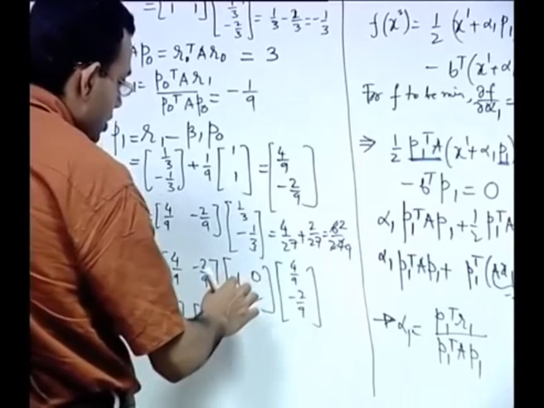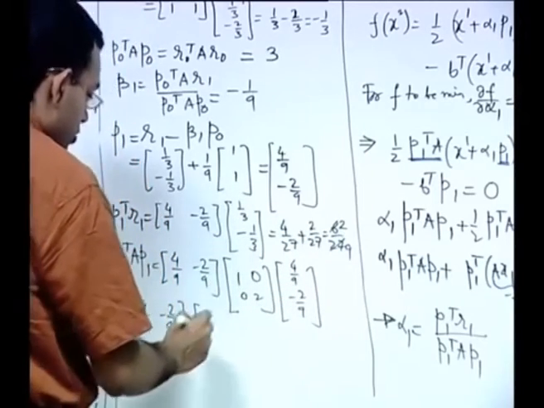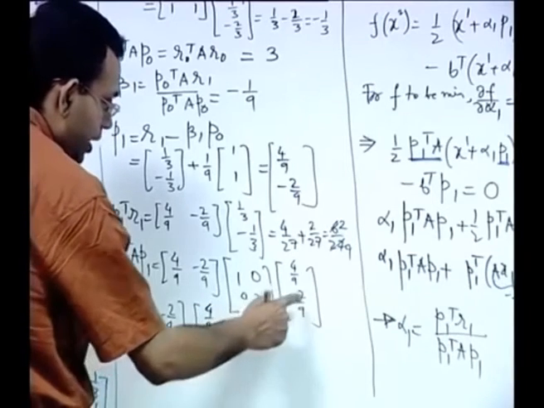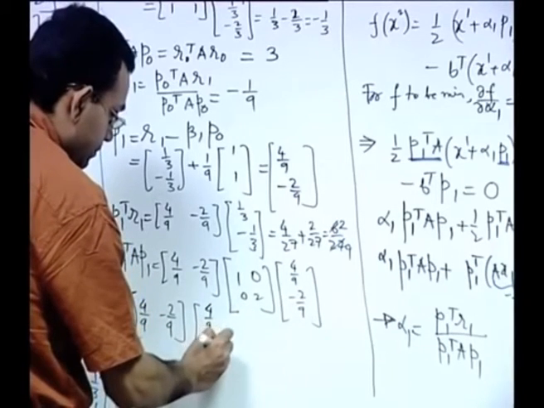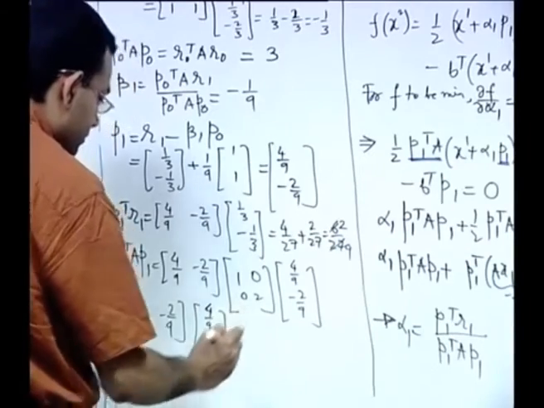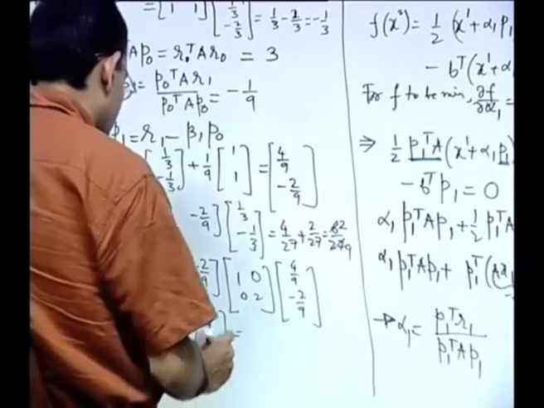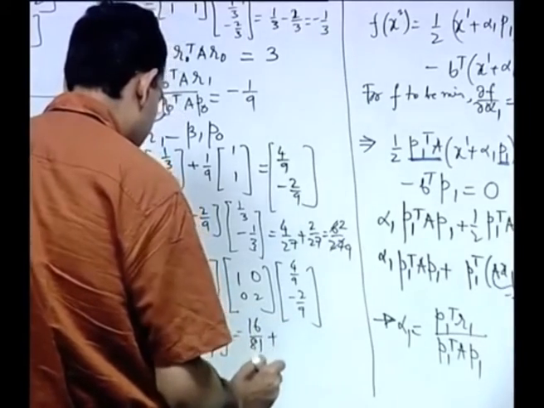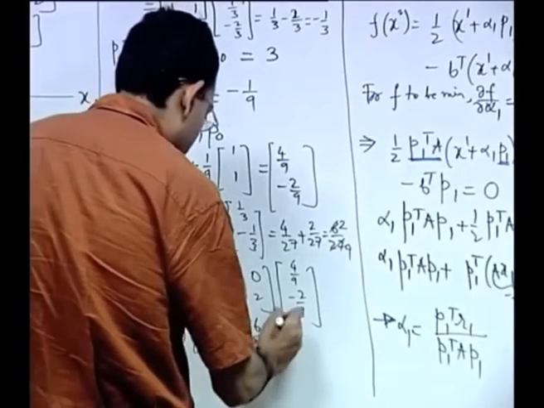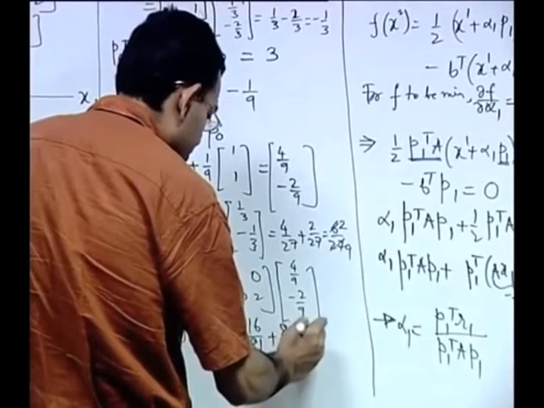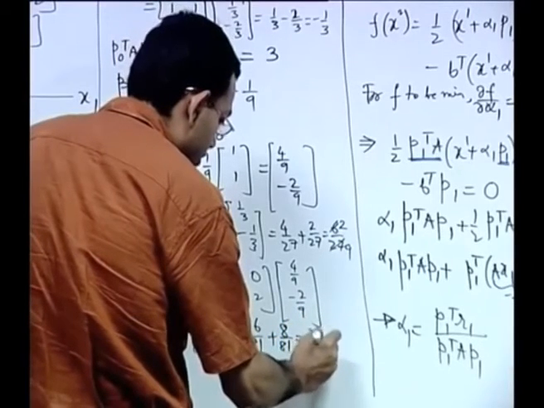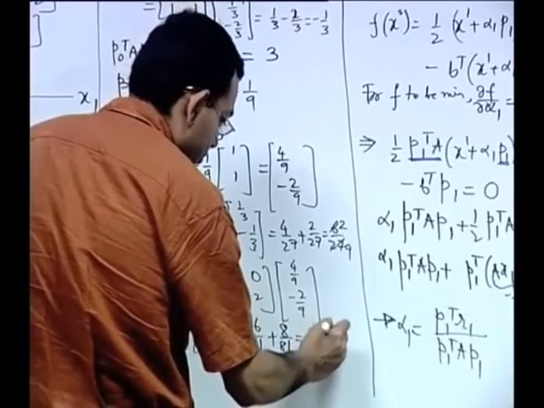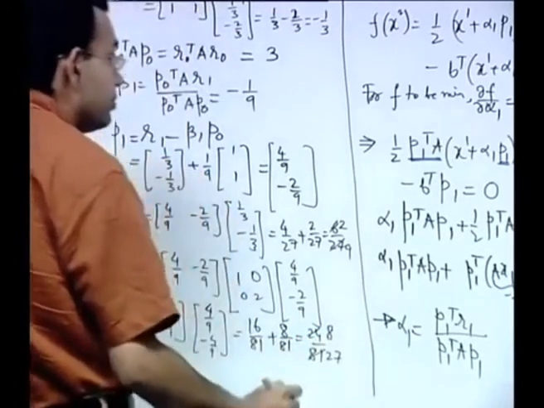So this will become 4 by 9 and minus 4 by 9. So 4 into 4, 16 by 81, plus 4 into 2, 8 by 81, 24 by 81, 8 by 27.